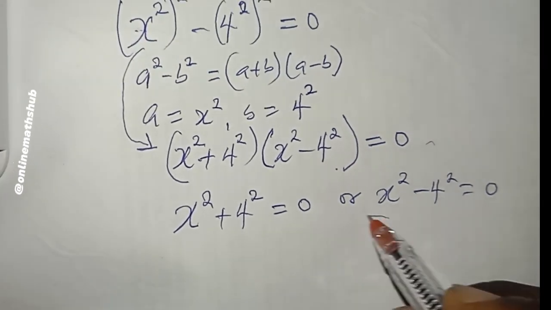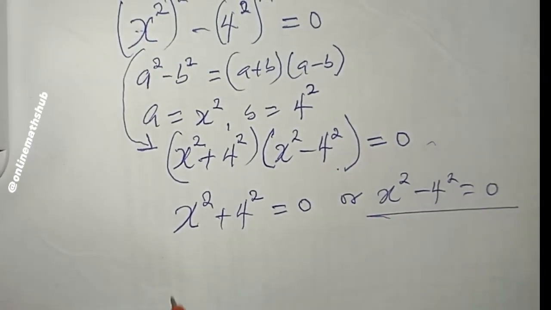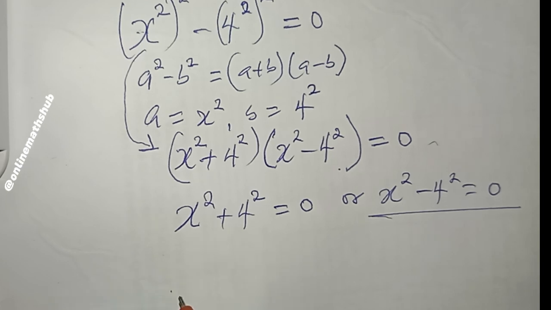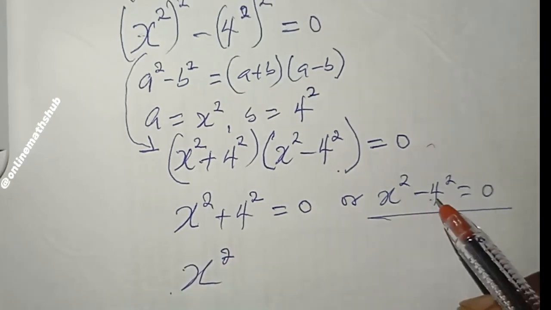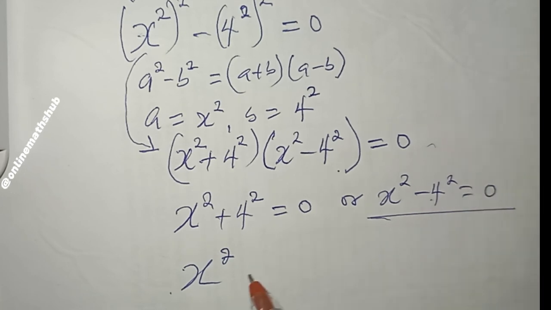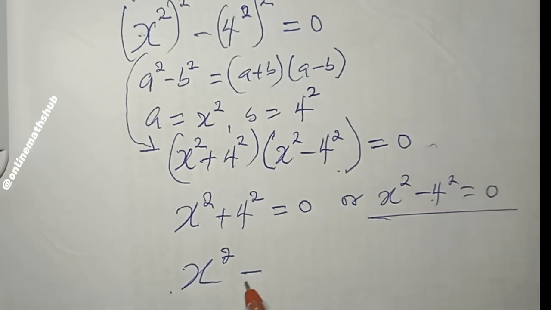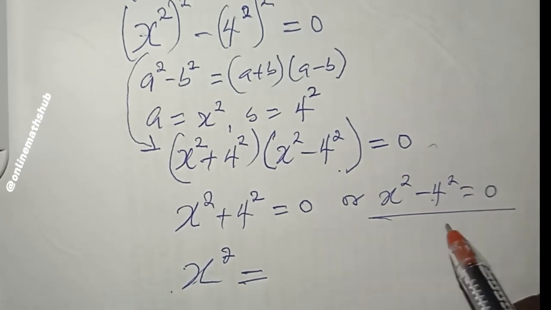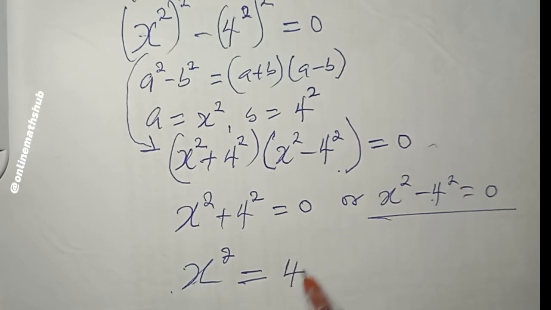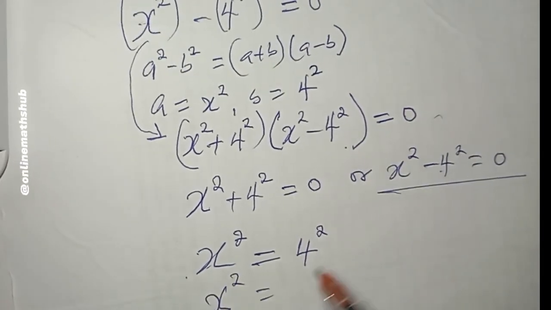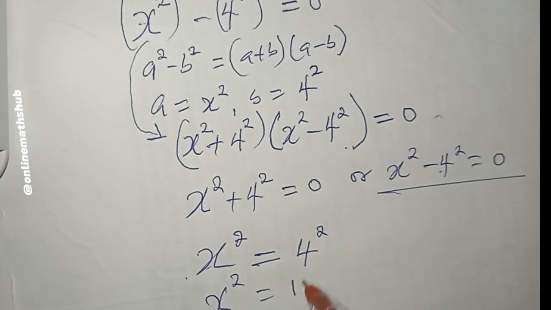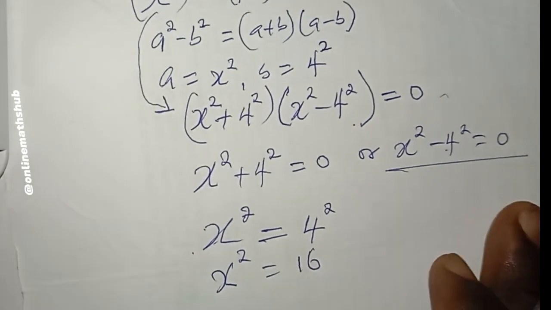If I decide to pick this and solve first, let's deal with that case first. This is x squared. I can take this minus 4 power 2 to the right hand side, so that I will have x squared is equal to 4 squared. I can write this as 16, because 4 squared is actually 16.